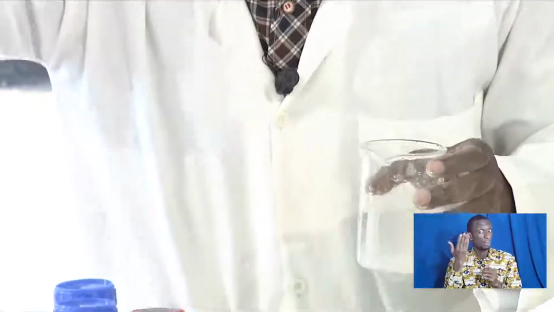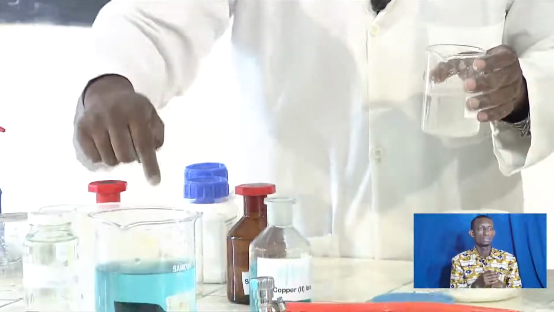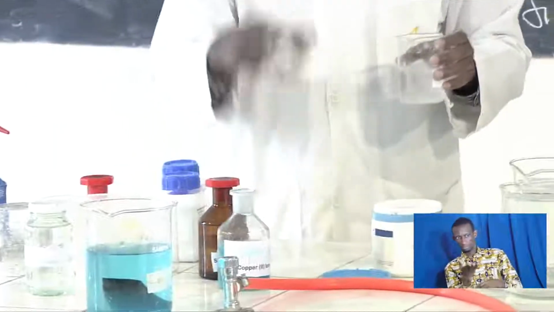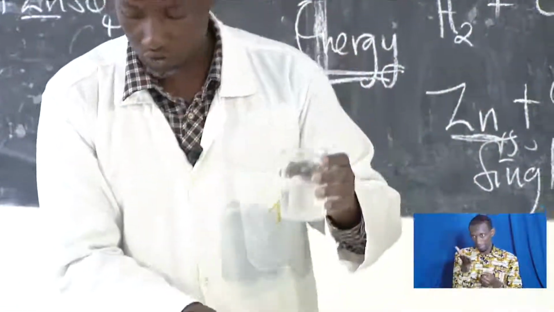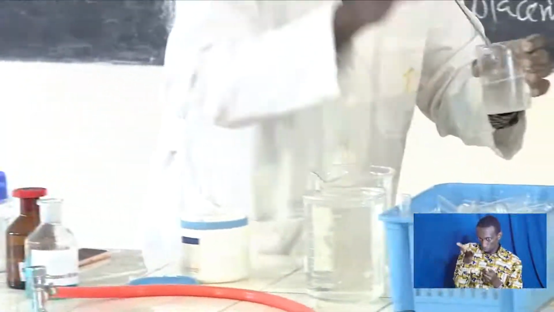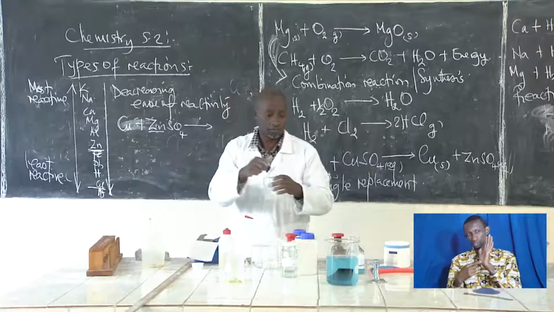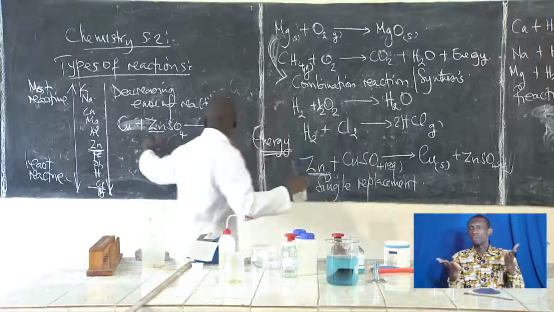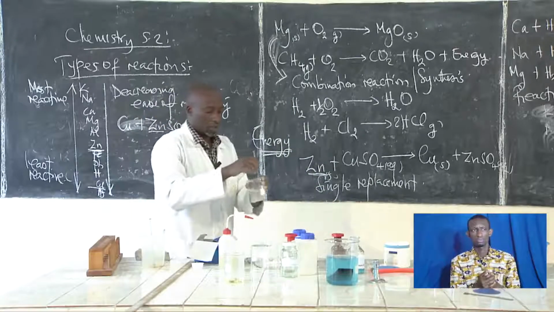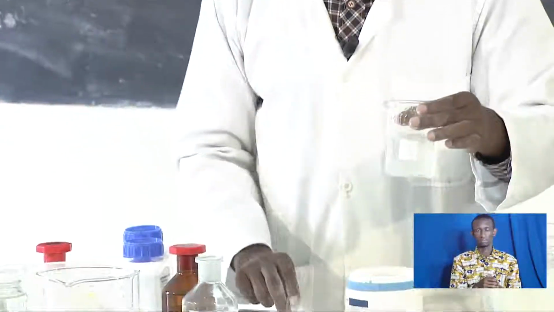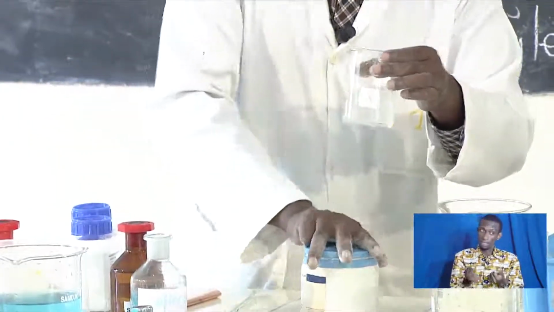As you are following, please look at this one. There is a reaction going on in the other one. So I have a strip. This is zinc sulfate solution. I'm trying to show you the difference between this and the one we talked about. This is zinc sulfate, and I have a copper strip here with me.